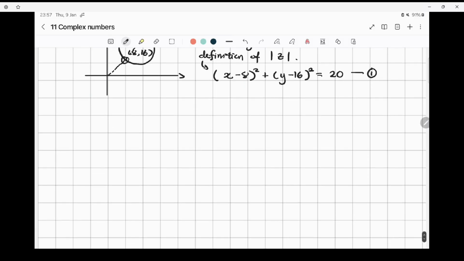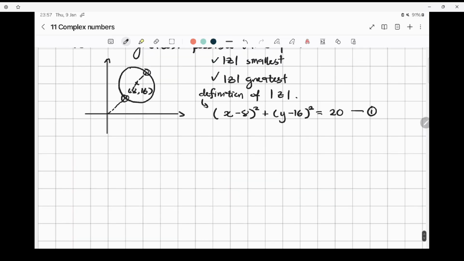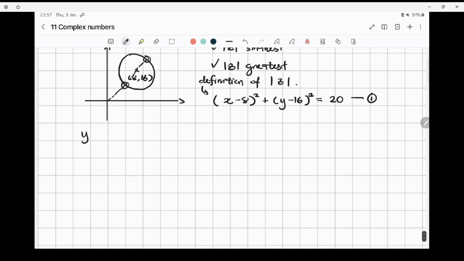The second equation would be the equation of a straight line. So y minus 0 over x minus 0 equals 16 minus 0 divided by 8 minus 0. So y equals 2x.